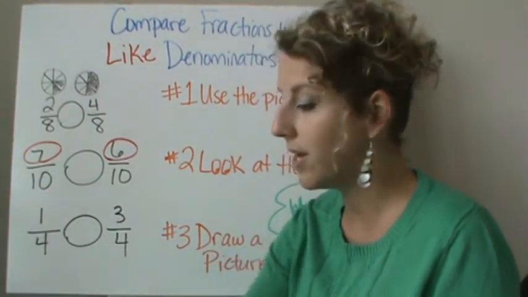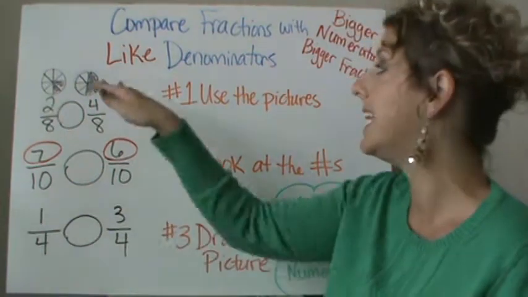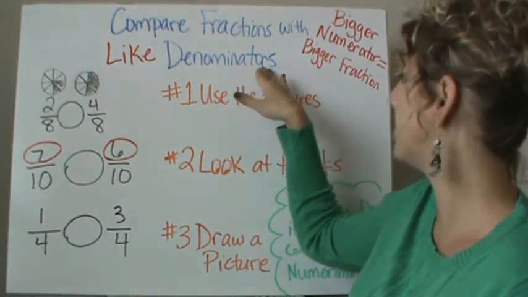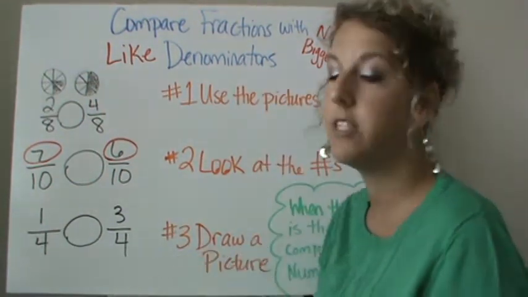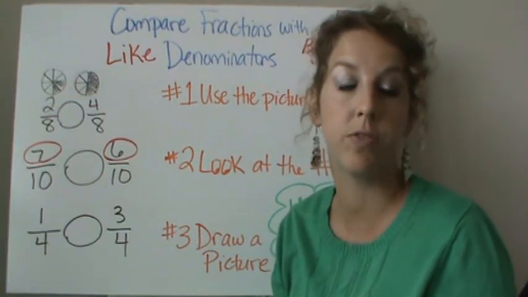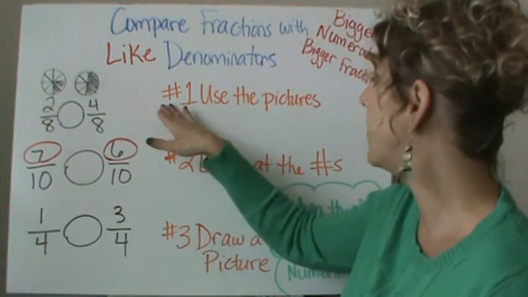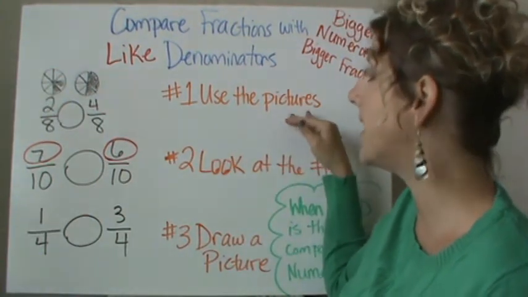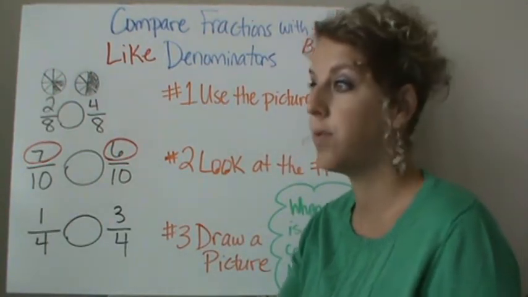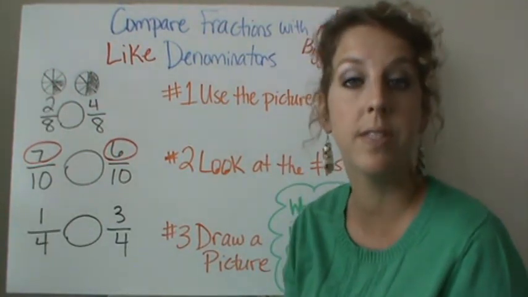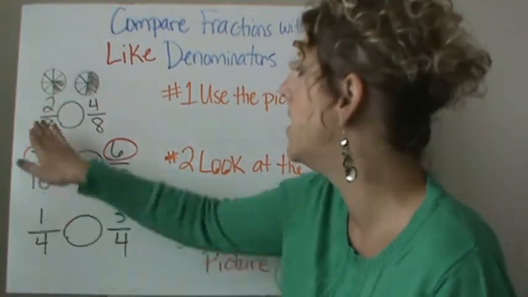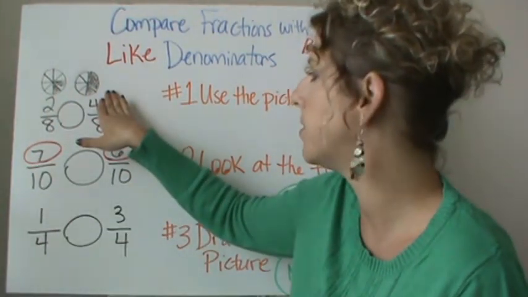Okay, if we're comparing fractions that have like denominators, there's three strategies you can use to compare those fractions. Now, the first one is you can use the pictures that the problem or that I give you. So I've already drawn pictures here.